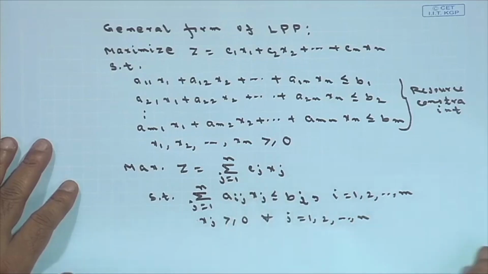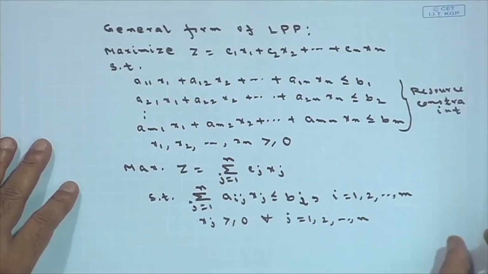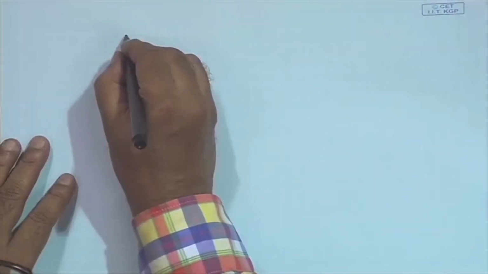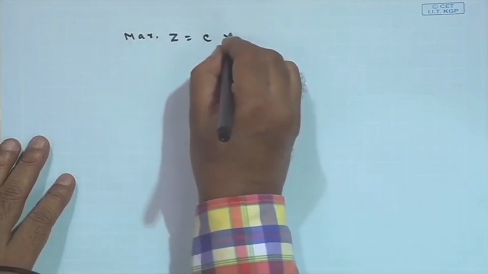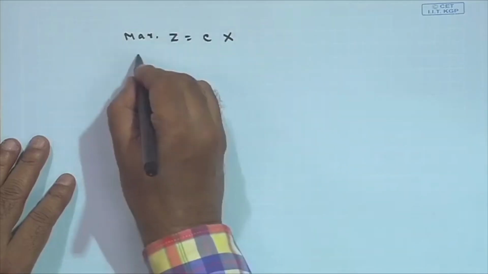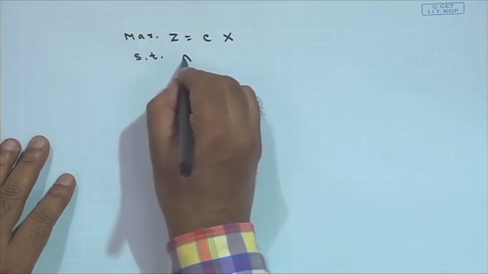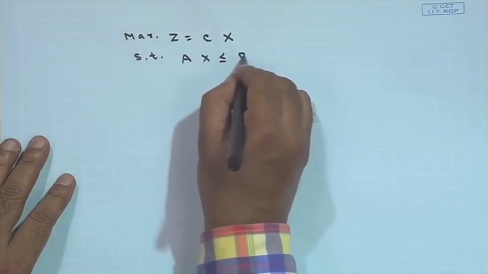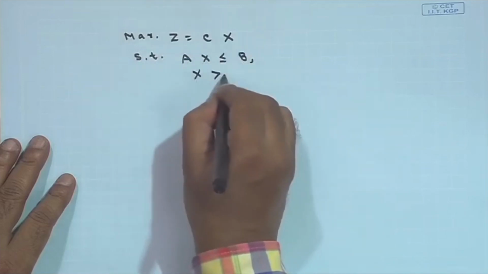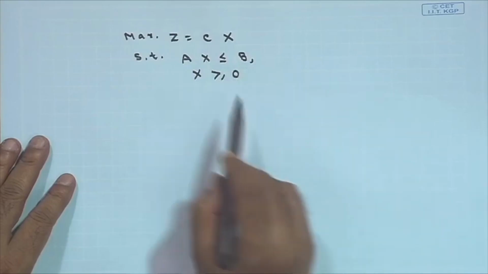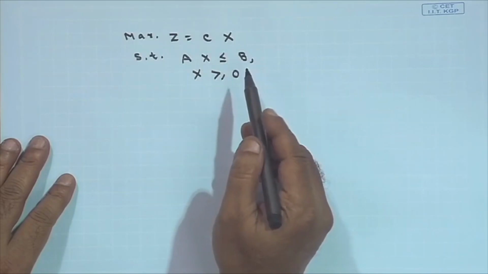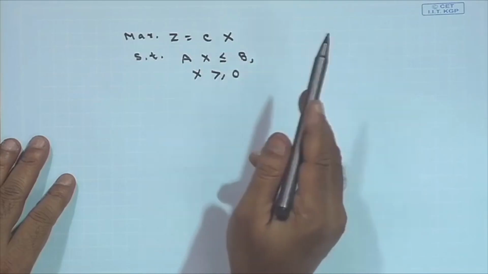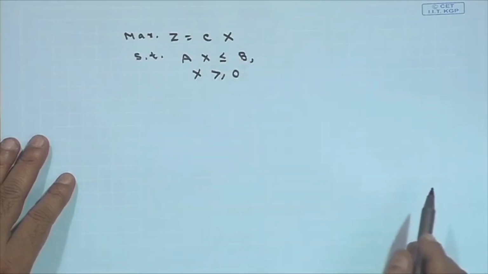This again we can write in the matrix notation, which becomes much easier to represent. Maximize z equals Cx, subject to Ax less than equals B and x greater than equals 0, where C, x, A, B are all vectors.